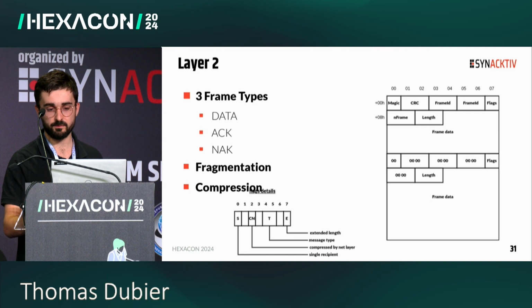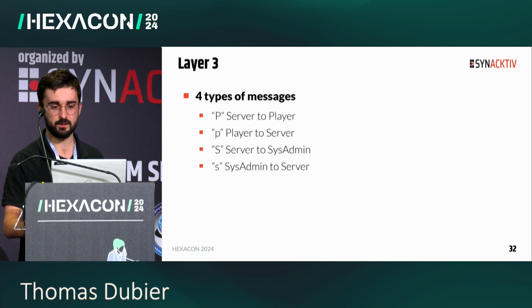And there is a flags field which indicates if data is compressed. Once the frame is reassembled or uncompressed, the client or server will process the first byte of the data to determine the type and the direction of the message.